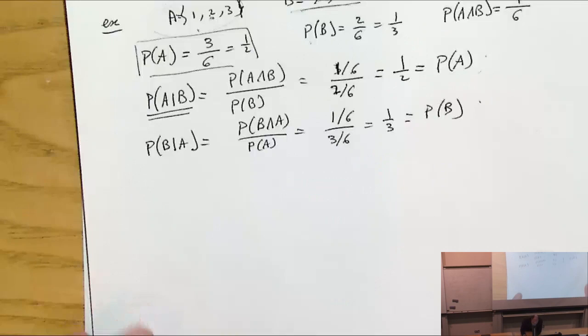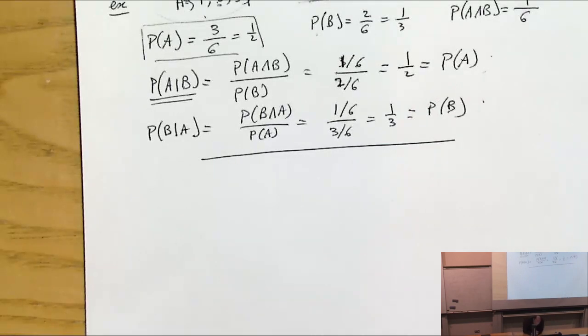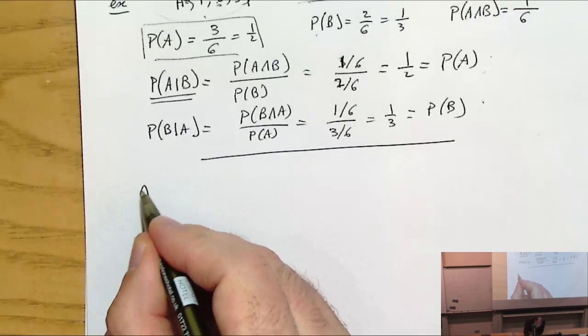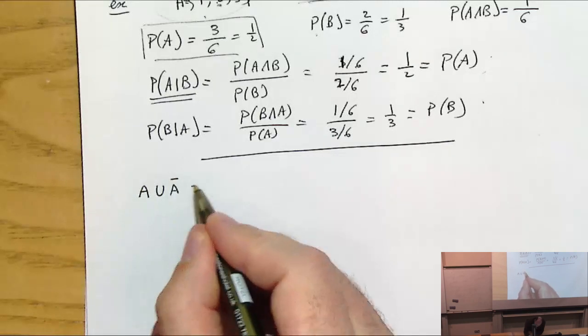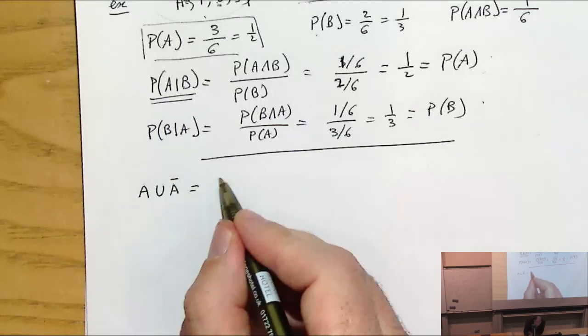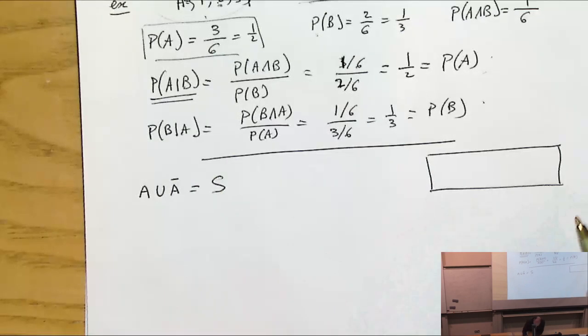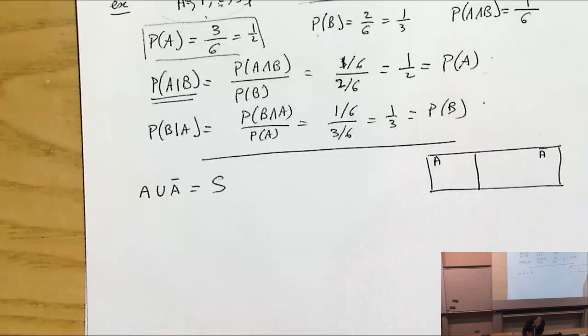Good. So let's go a bit further, and let's remind ourselves what we did when we looked at the complement. If I take A union the complement of A, this is equal to the sample space. I can draw this very simply here. I have a sample space, I have A, for instance, and A complement.